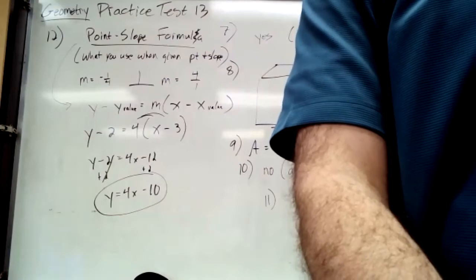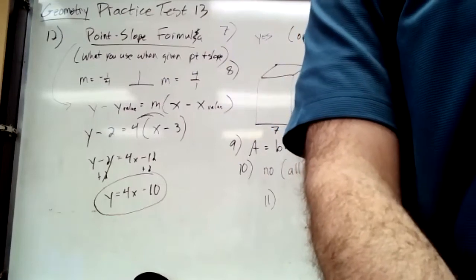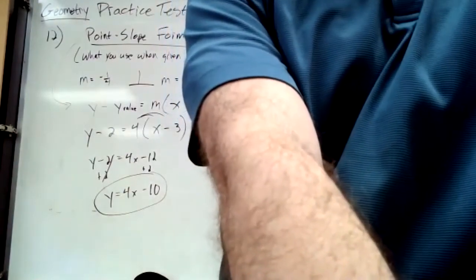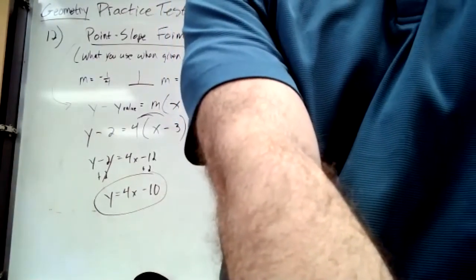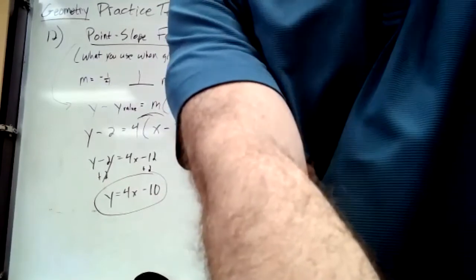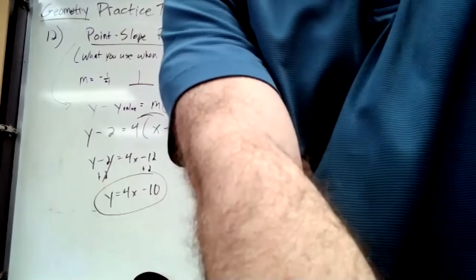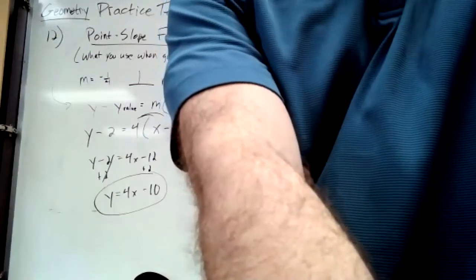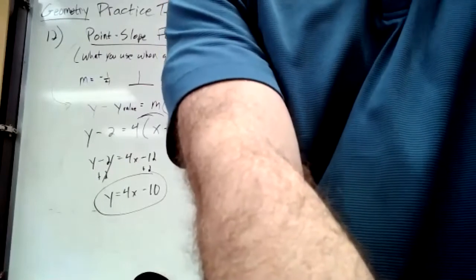Yeah. So negative 1/4. Okay. So it's in the same direction. It still goes down 1/4, down 1/4, down 1/4. So parallel slopes are the same. Perpendicular slopes are negative reciprocals. Basically opposite sign and then flip it over.